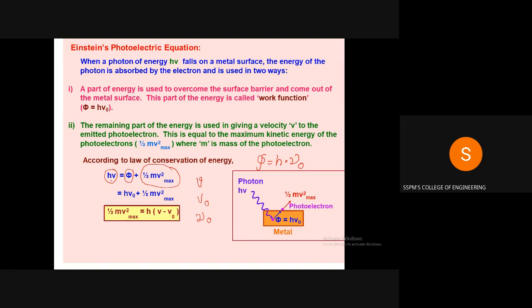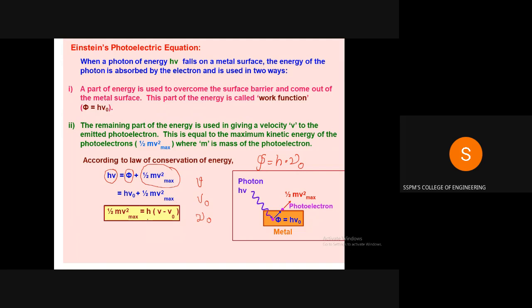E equals h nu plus work function plus the remaining amount of energy to accelerate the ejected electrons, so that photoelectric current is produced. Now by rearranging these terms, h nu minus h nu zero equals half mv square maximum.